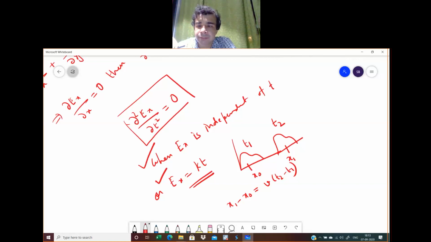Where v is, of course, the velocity of the wave. Can we say this? That if there is some disturbance at one position at one point of time, then the same disturbance will repeat itself at other positions and at other points of time, such that this equation is satisfied.